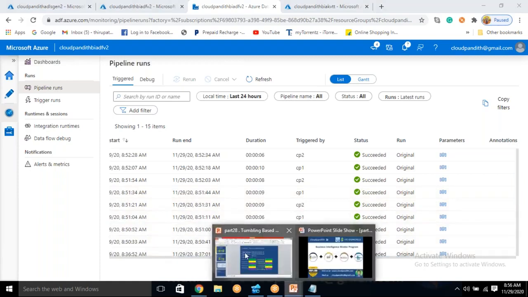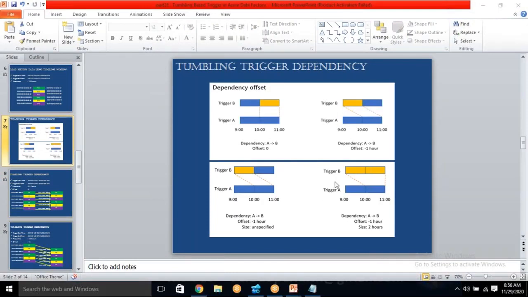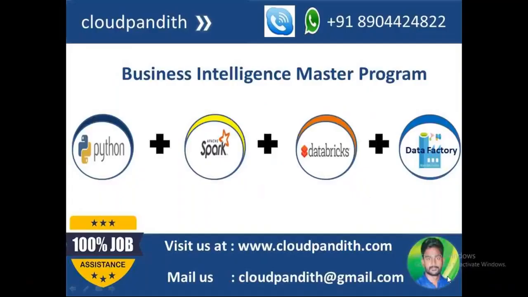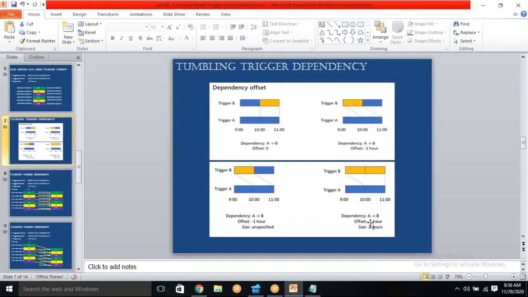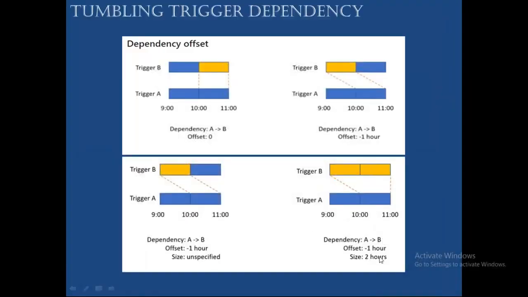The diagram I have shown you here, I have shown CP2 with 2 hours of data. So you increase the window size. See, the window size is 2 hours, meaning this window must execute successfully, and only then will it execute the next window.